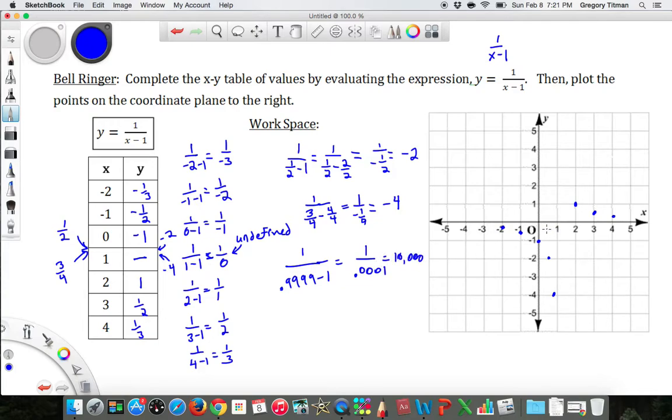So at 0.9999, this would be negative 10,000. And I could keep going. If I got infinitely closer and closer to 1 from the left side, I'm going to approach negative infinity. So we get a graph that looks something like this.